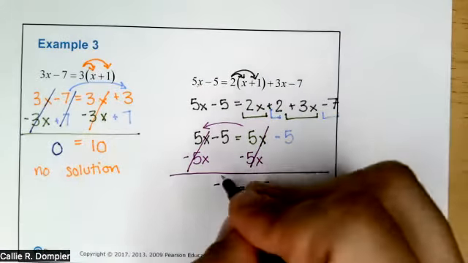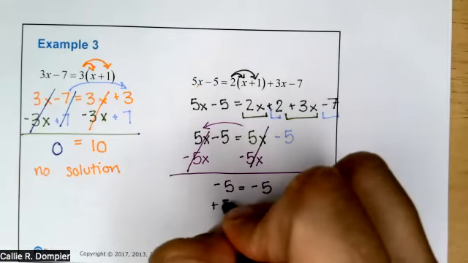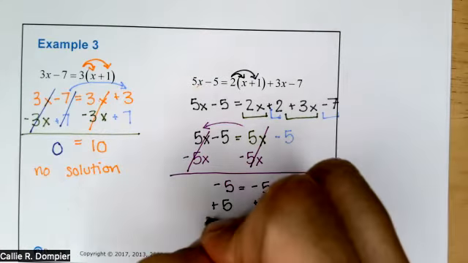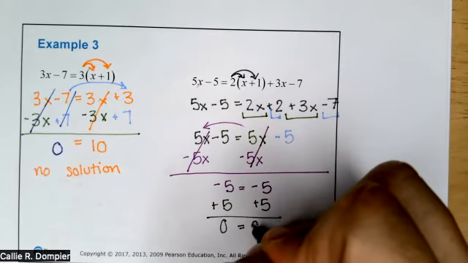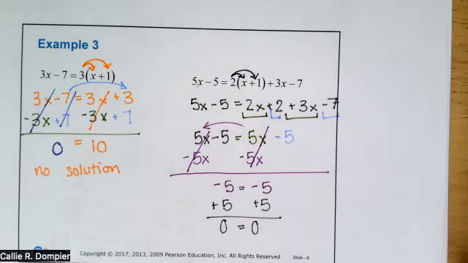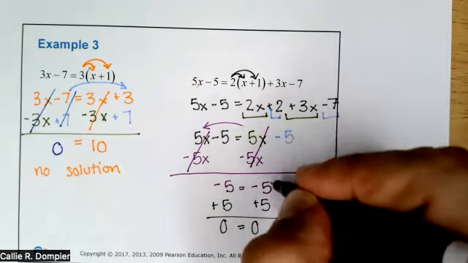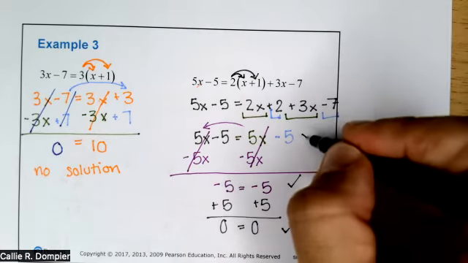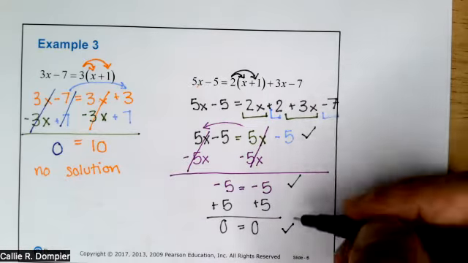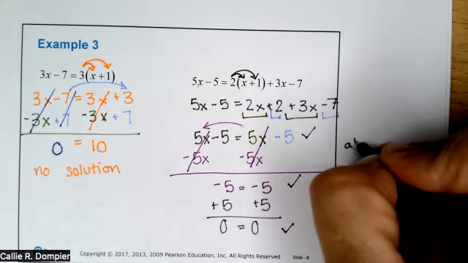If you wanted to keep going and put all your variables on that side, add 5, add 5, and you get 0 equals 0, right? So at this point, it was always true. At this point, it was always true. And at this point, it was always true. You could have stopped anywhere and said all real numbers.